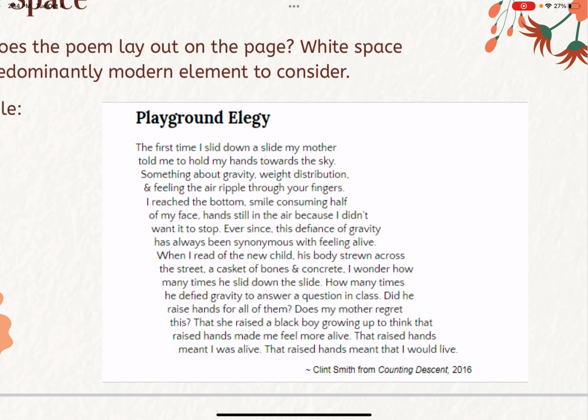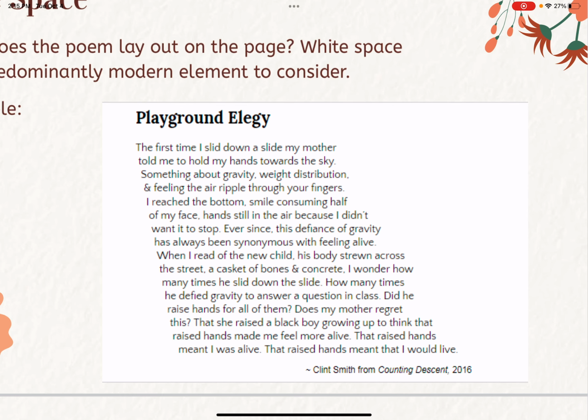Oh, God, so good. So we see shifts here, right? The first section is youth, little boy going down the slide. The next shift is ever since this defiance of gravity, right? Now we have this new concept of feeling alive. Then we have down here the concept of raising your hand, defying gravity, raising your hand in class and feeling empowered.